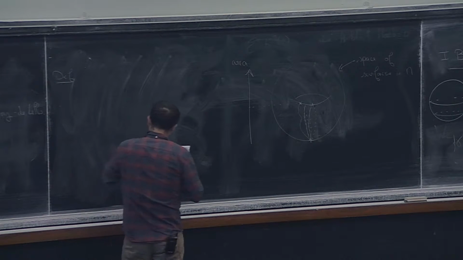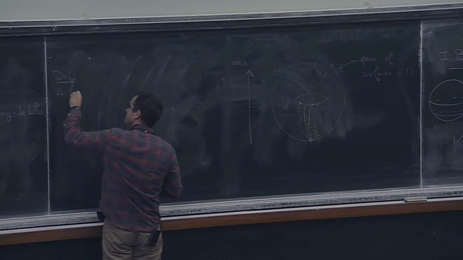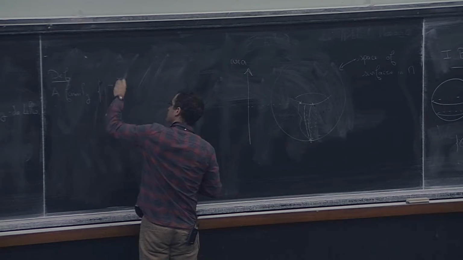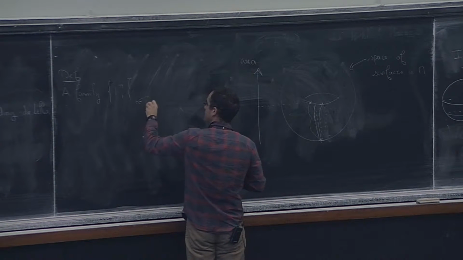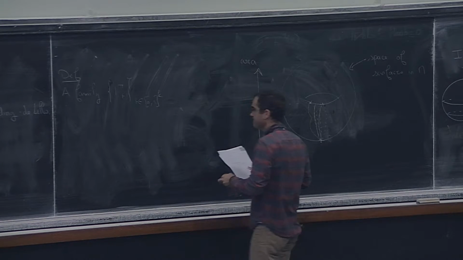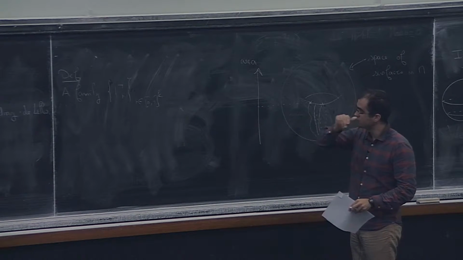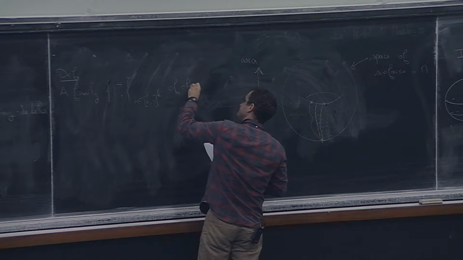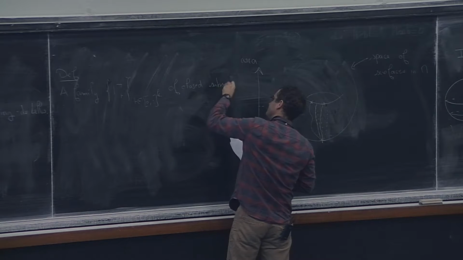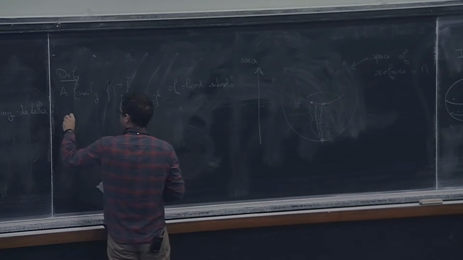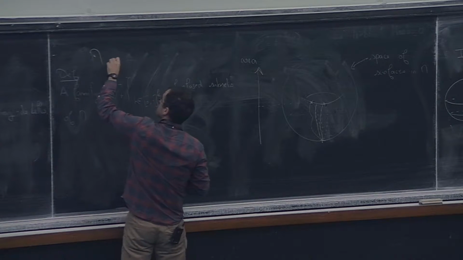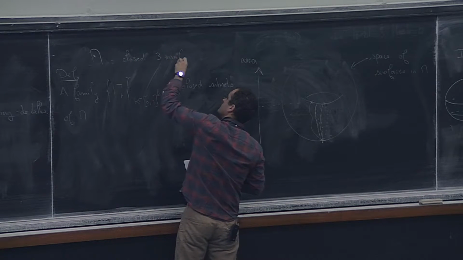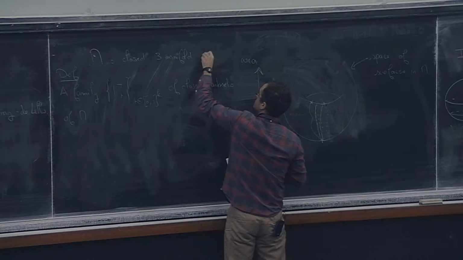Definition. A family gamma_t for t in a cube of dimension k, and I will use this only for k equal to 1 and 2, of closed subsets of M. M here is just a closed three-manifold, and you assume also orientable.